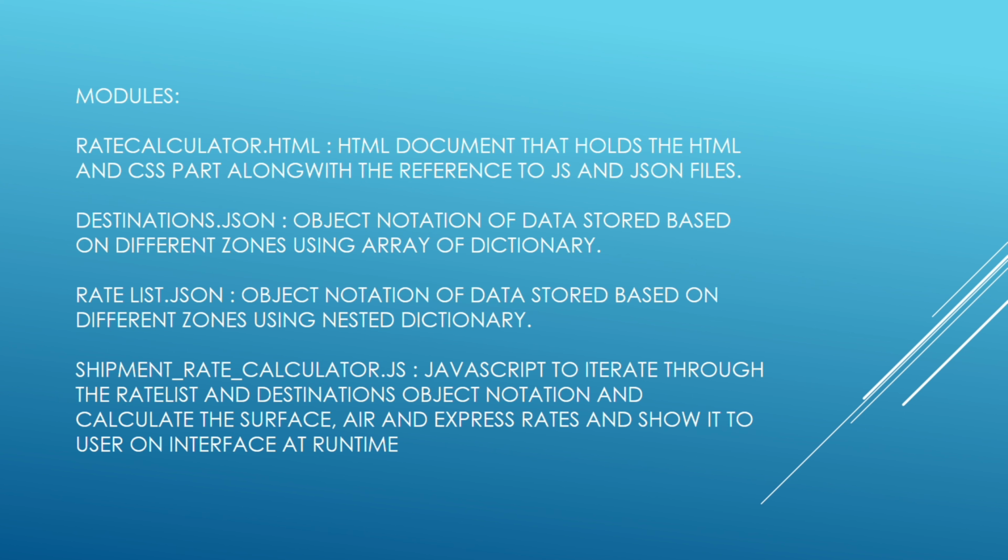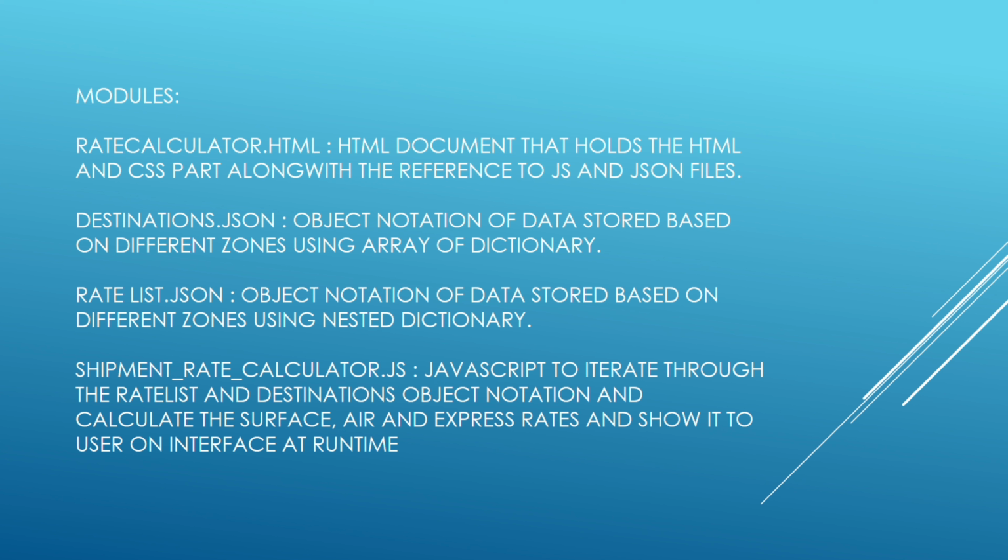The different modules that we built are, first, rate calculator.html, a basic HTML document that holds the HTML and CSS part along with the reference to the JavaScript and JSON files. The second is destinations.json, which is an object notation of data stored based on different zones using an array of dictionaries.